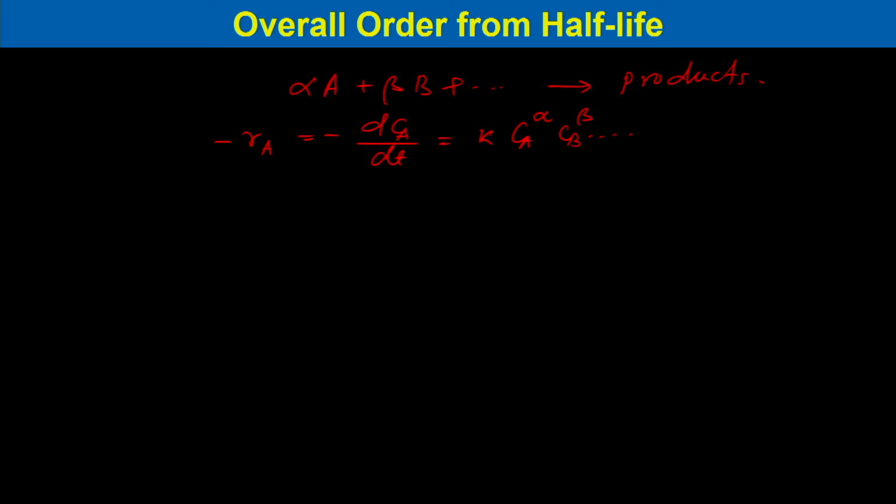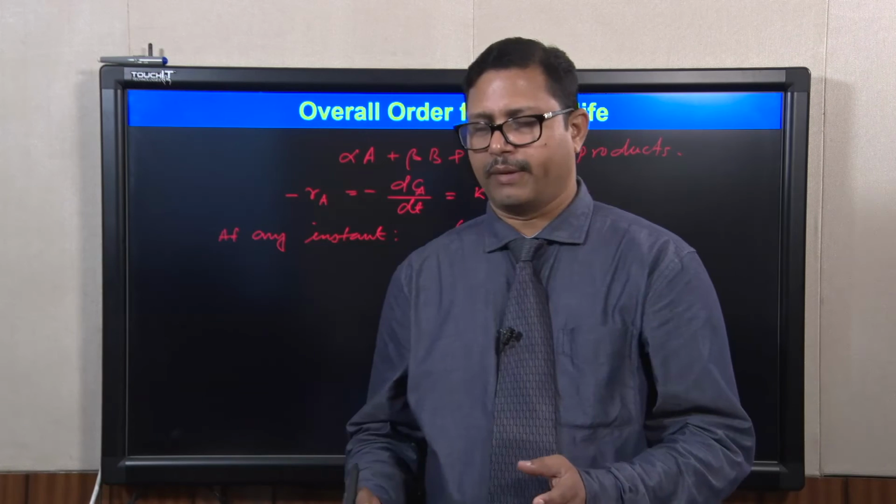Now, at any instant, we can write C_B by C_A would be beta by alpha. This means that the stoichiometric ratio of components A and B, which was present initially, will maintain the same stoichiometric ratio at any time.